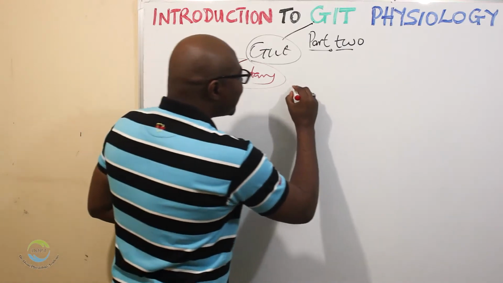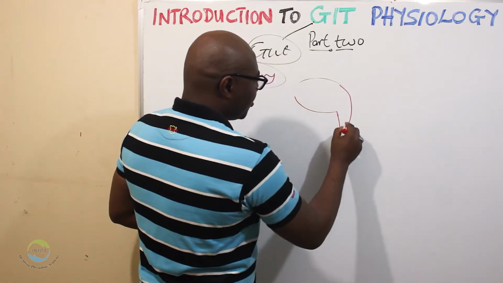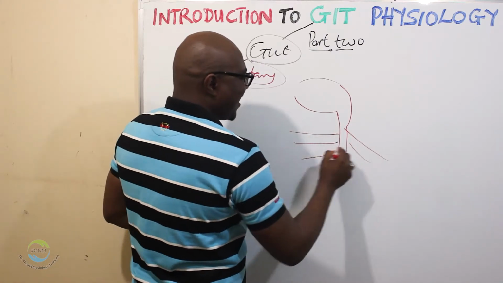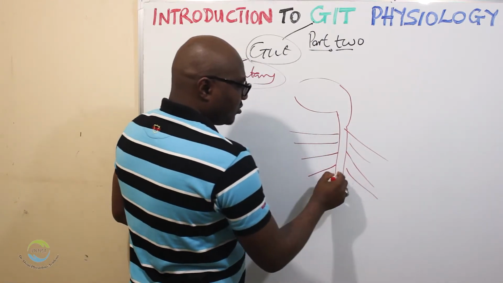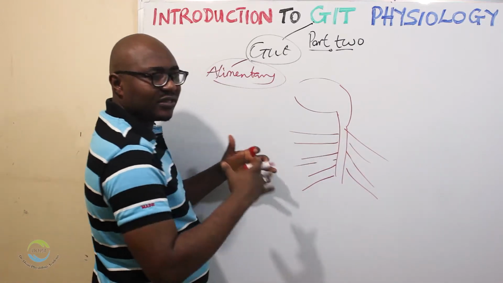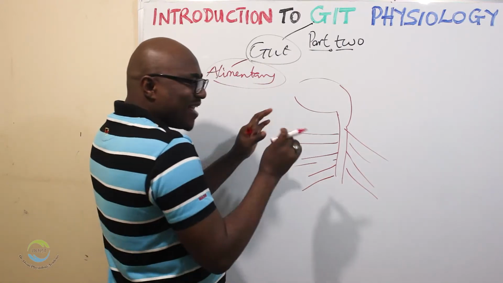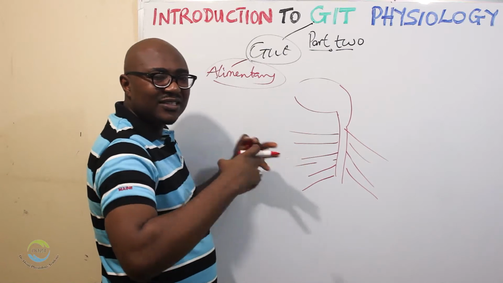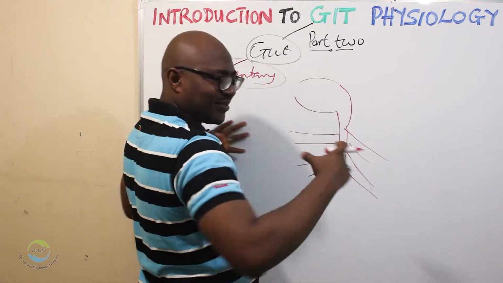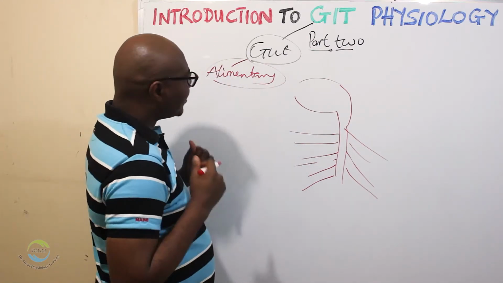The central nervous system is the brain and the spinal cord. From the spinal cord, different nerves, both somatic nerves that supply skeletal muscles, and autonomic nerves that supply smooth muscles without voluntary control, control a lot of things. Everywhere is connected.